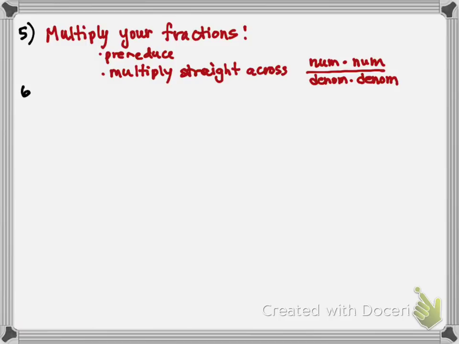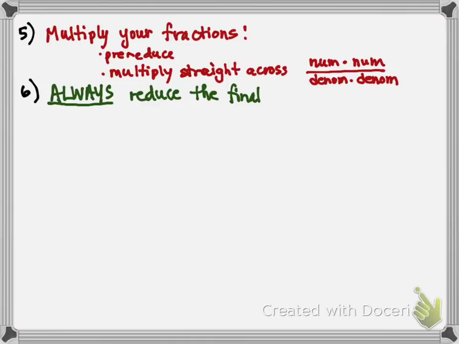Okay? And the last thing that we need to do is to double check. So this word I'm going to use is a word that I need you to comprehend. Always reduce the final answer. And reduce means this.